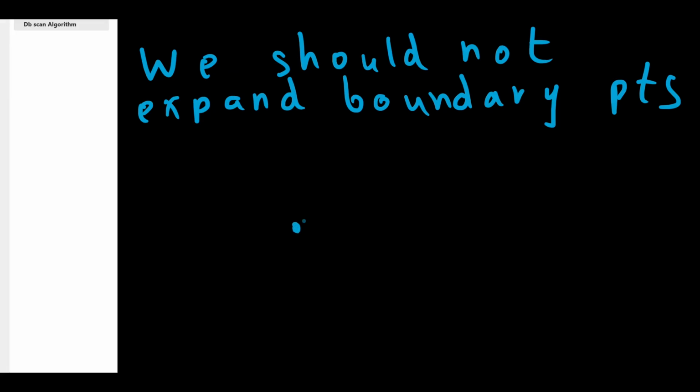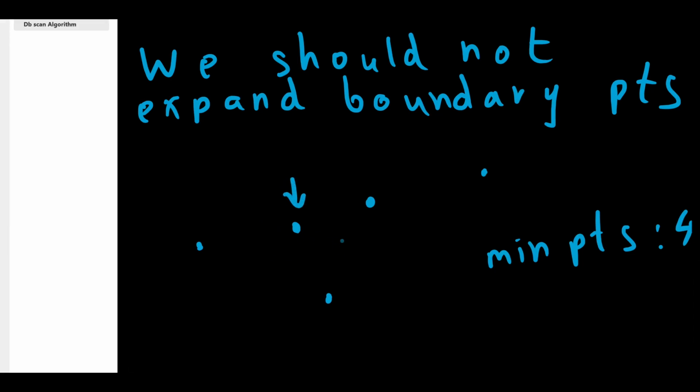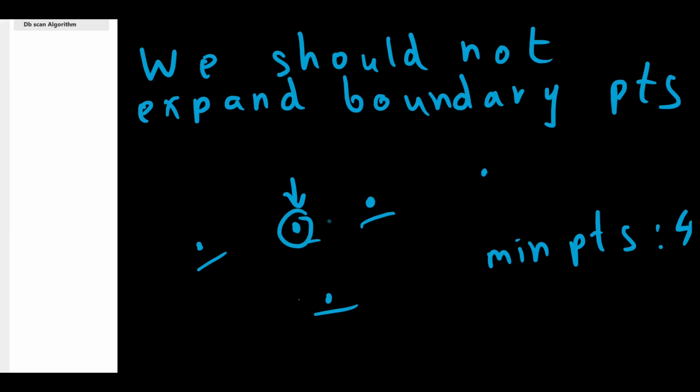Let's say I have a point here, I have a point here, here, and here as well, and one here. And minimum points given to me is, let's say, 4. Now if I'm starting off from here, I see that it has 1, 2, 3, including itself 4 neighbors, so it is a core point. Now I will expand its neighbors. Let's say I expand this neighbor first.